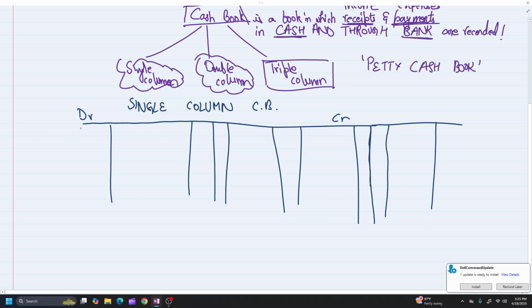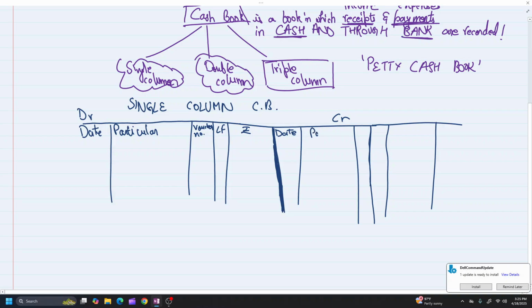Okay, date, first column, particulars, voucher number, LF, amount. Then again, date, you can see that it's just repeating itself.